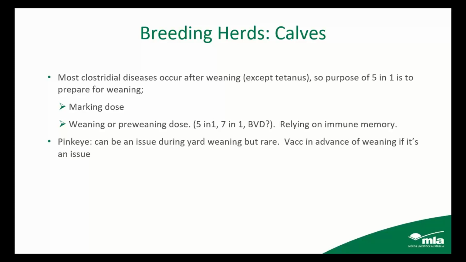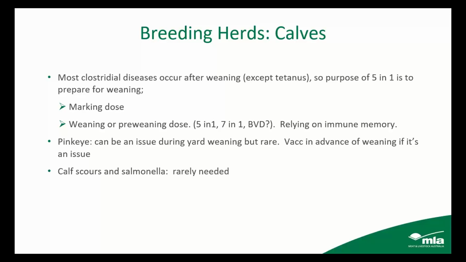Pink eye can be a real issue, but given the determinants that we've talked about before, it's probably not on most people's agenda, and rightly so. Calf scours. Now here's a bit of a hidden problem, because in this part of the world we don't see much of it at all. Many years ago when I worked in Bairnsdale, I was staggered by the amount that we saw, and so having a calf scour vaccine available would have been absolute.